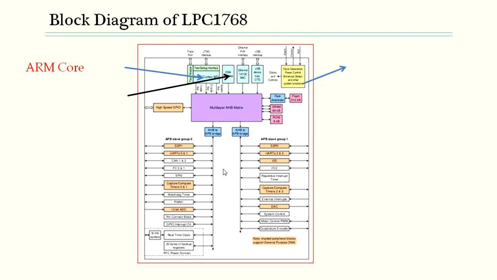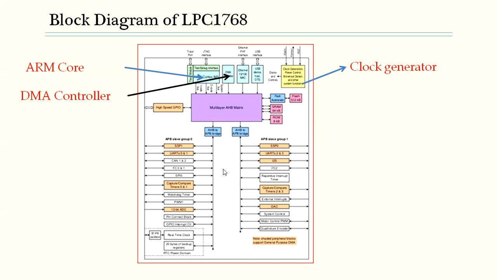Similarly, we have Analog Devices, STM and so on, which have their own 32-bit ARM controllers and processors. The next block we have is the DMA controller, as discussed already, the direct memory access controller, which is used as an alternative to the ARM whenever there is a memory related operation.